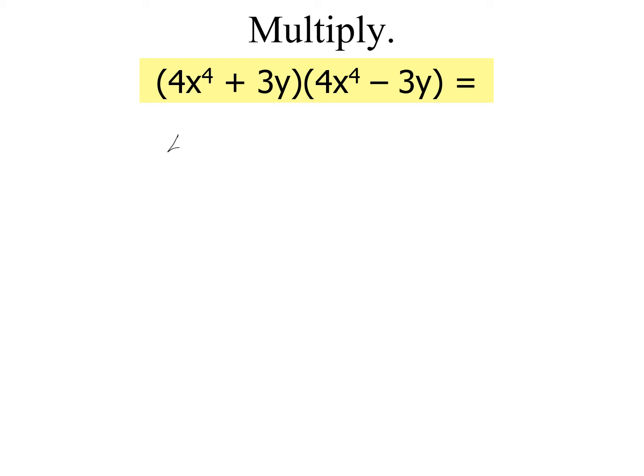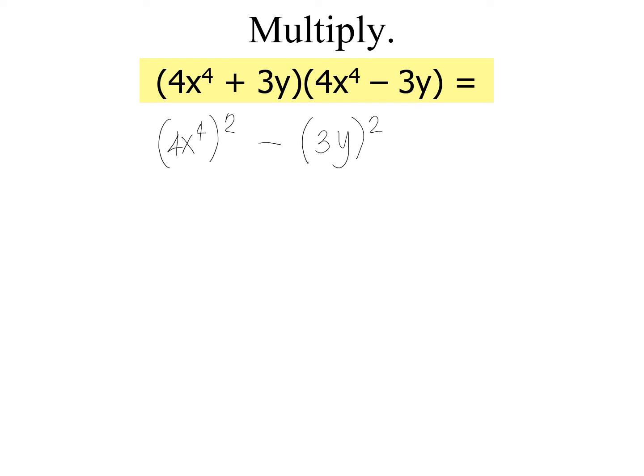So we have here 4x to the power of 4. We put it inside an open and close parenthesis and then square it. Then we have here minus, and then we square the second term as well, 3y to the power of 2.